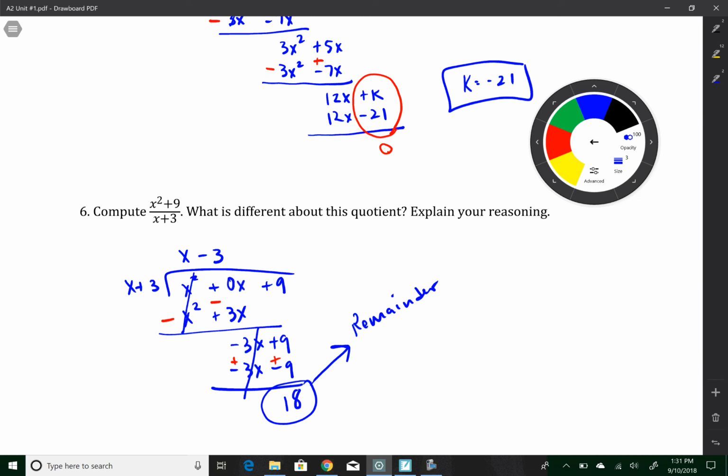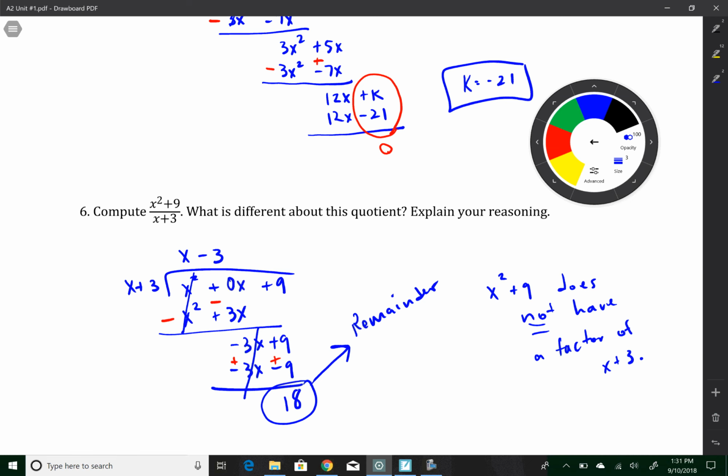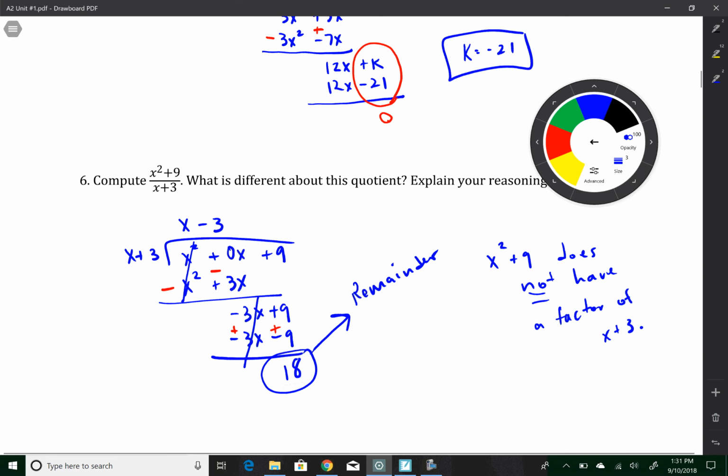The more important thing algebraically is we can say x squared plus 9 does not have a factor of x plus 3, because when x plus 3 is divided in, there's remaining pieces. Therefore, it's essentially an unfactorable expression.